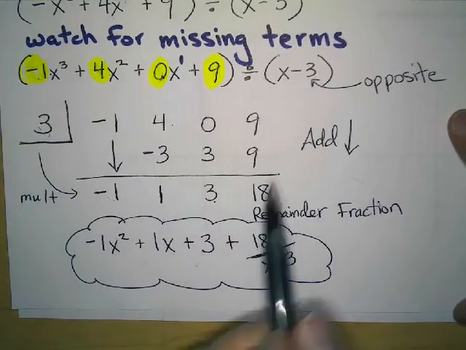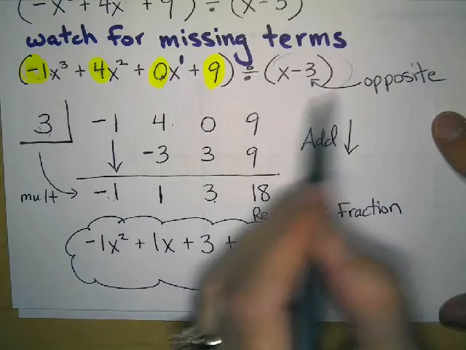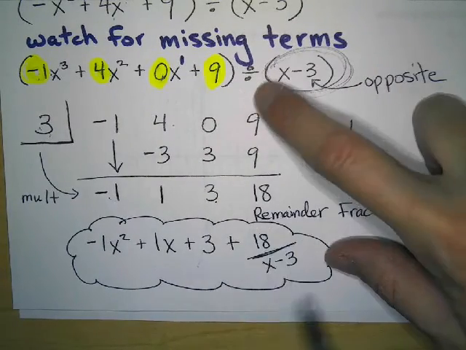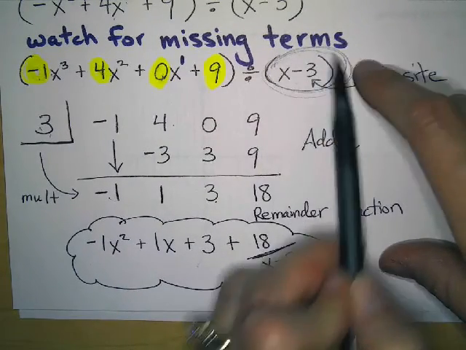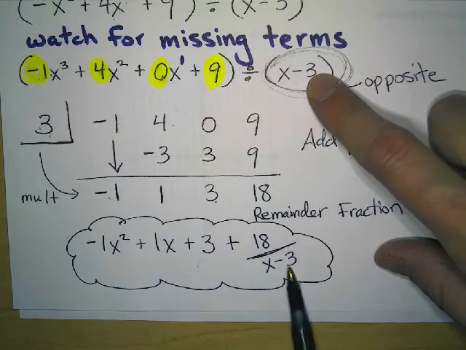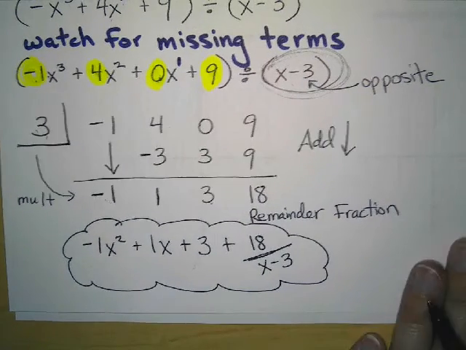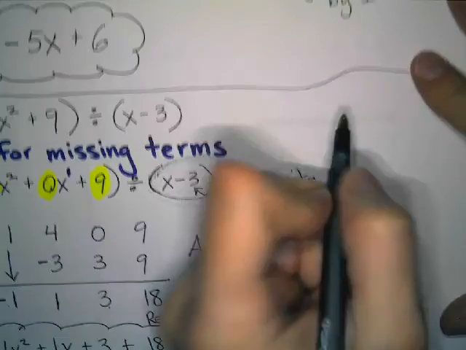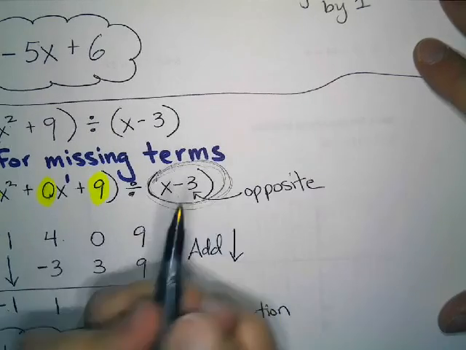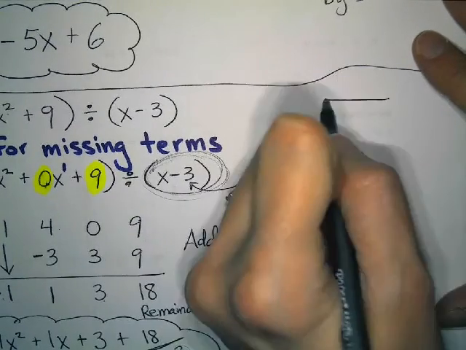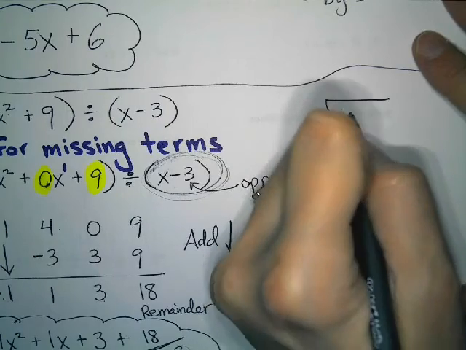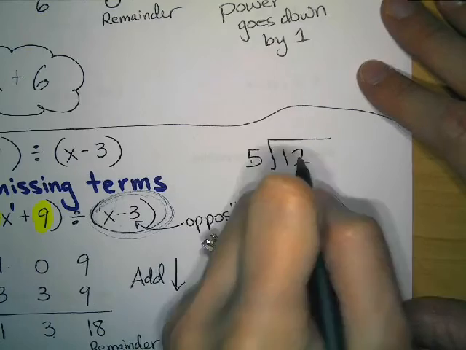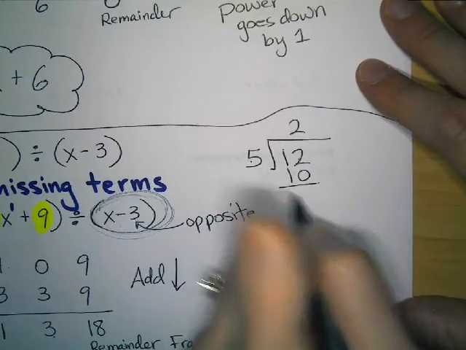Okay, so guys, the remainder is always going to be over what you were dividing by, what the problem said at the beginning. He was asking why this goes here. If you were doing long division with regular numbers, like 12 divided by 5, 5 goes into 12 twice, and that's 10, and it's a remainder of 2.